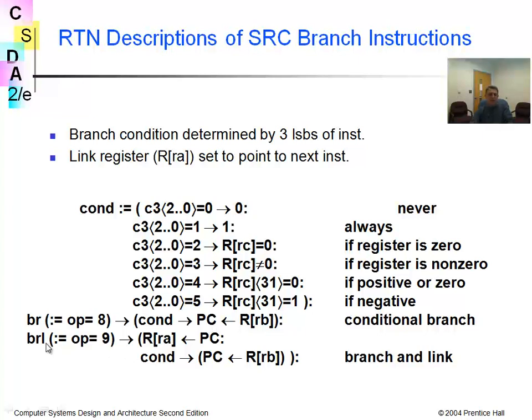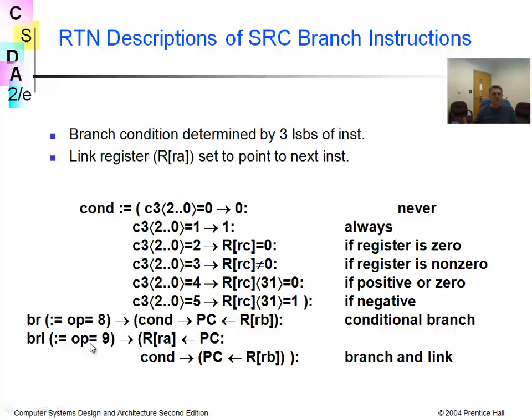Branch and link means that we store the current value of the PC in a register, and then we branch to another location in memory. The reason is that when we finish that part, we can come back and start exactly where we left off.